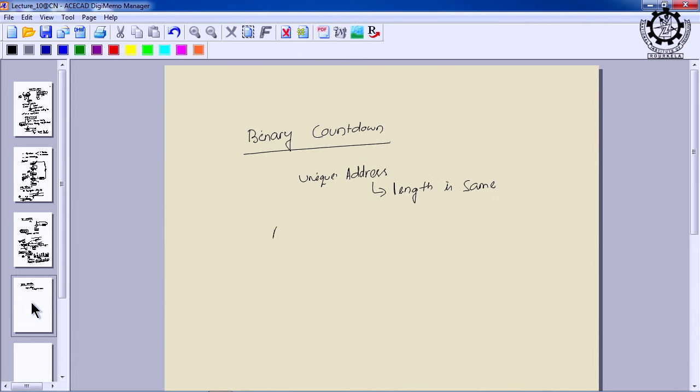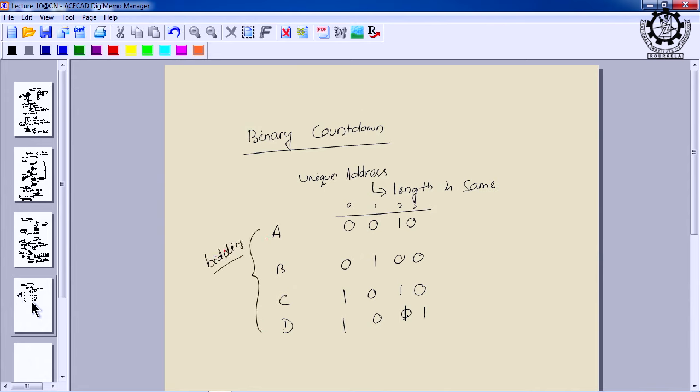We have 4 nodes, let us say A, B, C and D, with 4-bit addresses such as 0010, 0100, 1001 and 1010. Now, in the binary countdown method, all the nodes enter a process of bidding, where they announce their addresses starting from the high order bit, the most significant bit.